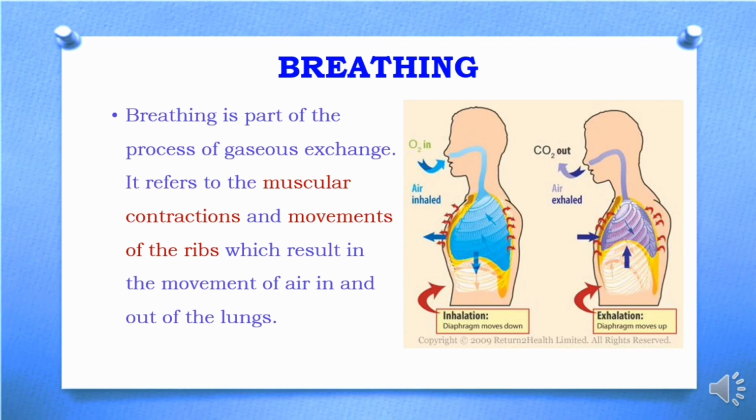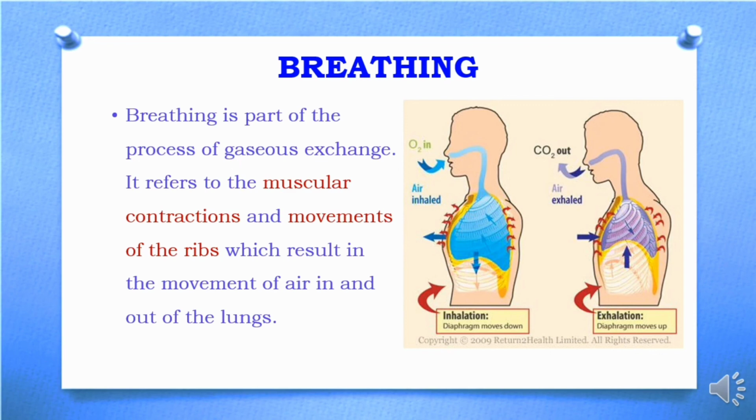So breathing is basically the muscular movements or muscular contractions and movements of the ribs, which increase the area inside the lungs for taking in air. As you can see in the first diagram, the blue shaded area is larger in size, and this is possible because of some muscular contractions and some movements of the ribs.